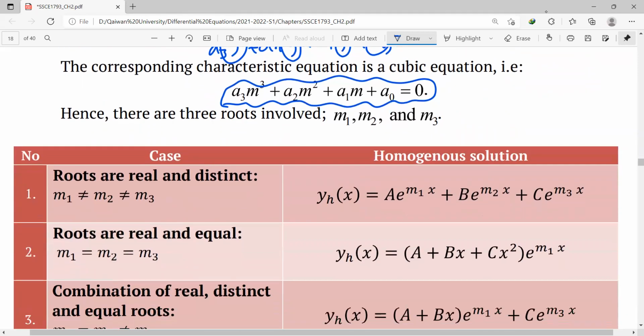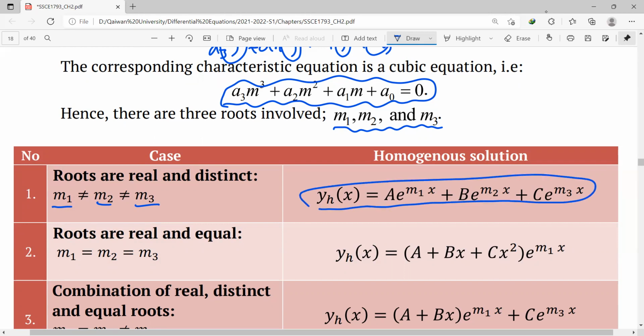We say the homogeneous solution depends on the values of m. If m1 doesn't equal m2 and doesn't equal m3, that means if they all are distinct, then the homogeneous solution equals a e to the power m1x plus b e to the power m2x plus c e to the power m3x.